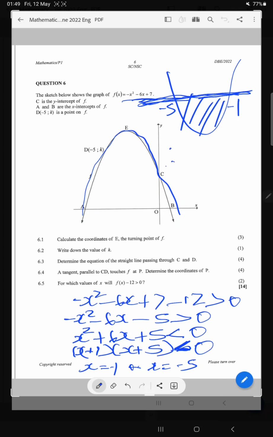Therefore, our answer will be all the values between minus 5 and minus 1 are going to satisfy this equation. Therefore, we have answered that question. For which values of x will f(x) minus 2 be greater than 0? There. As simple as that.